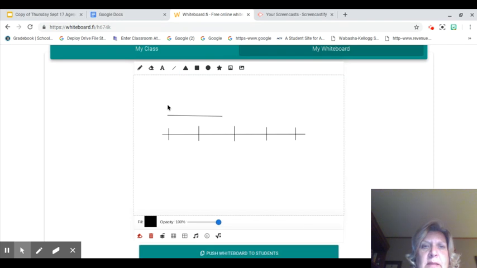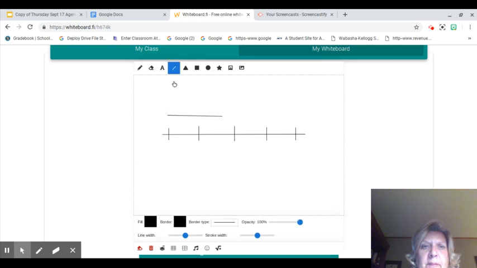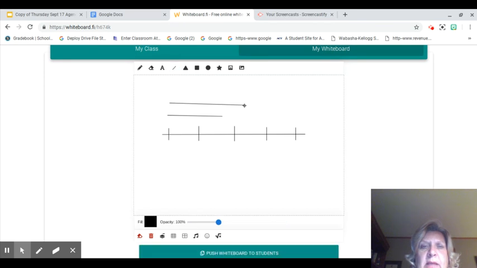And then somebody else is taking a second measurement, and it's about here. And I say, okay, I want you to round to the nearest whole inch. Remember, this is 8 inches, 9 inches, 10 inches, 11 inches, 12 inches. Both of these segments are closest to the whole number 10, right?